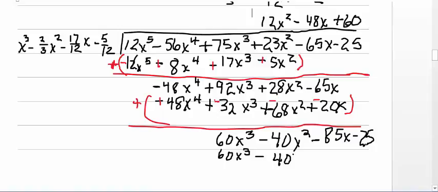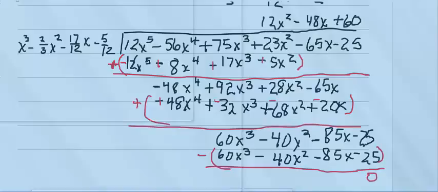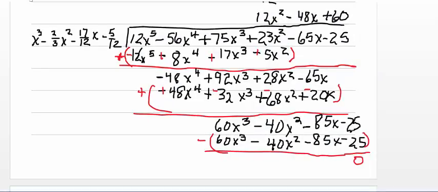When I divide x cubed into 60x cubed, I get a positive 60. When I multiply positive 60 by each term of the divisor, I get 60x cubed minus 40x squared minus 85x minus 25. And when I subtract this from itself, the result is 0.